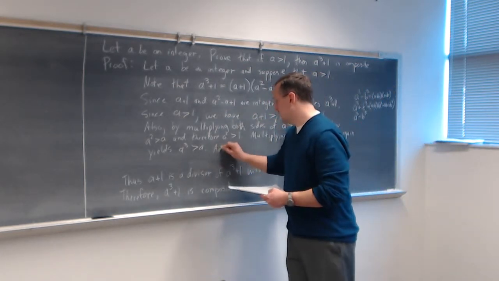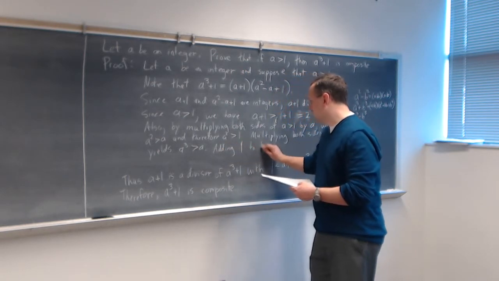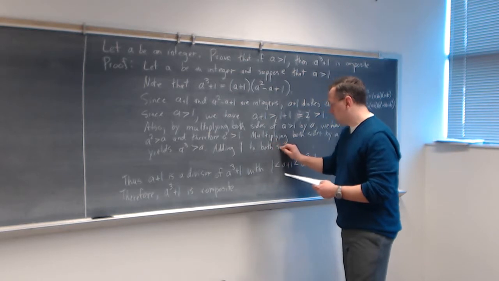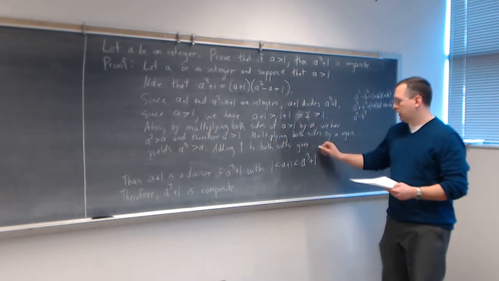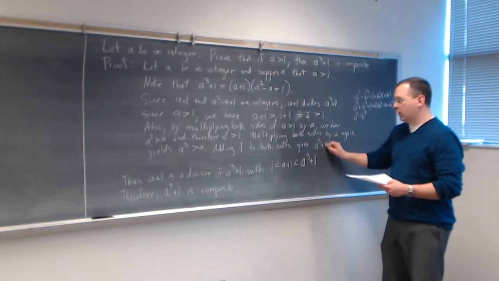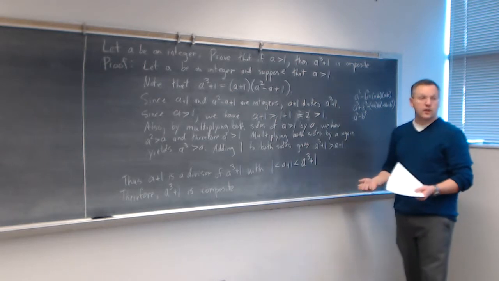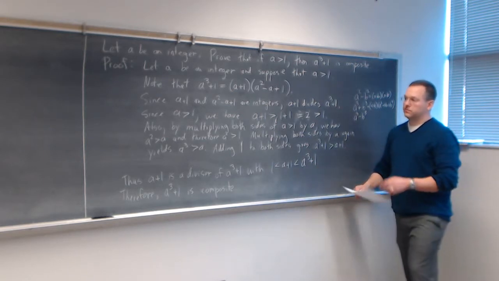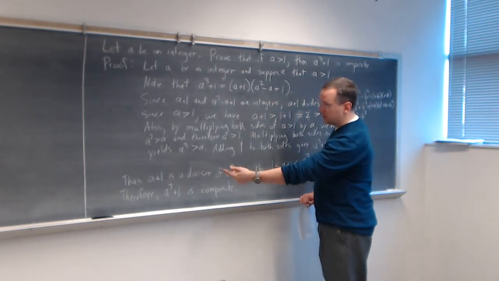So adding 1 to both sides gives a cubed plus 1 is greater than a plus 1, which is the other half of the compound inequality. Thus a plus 1 is a divisor.